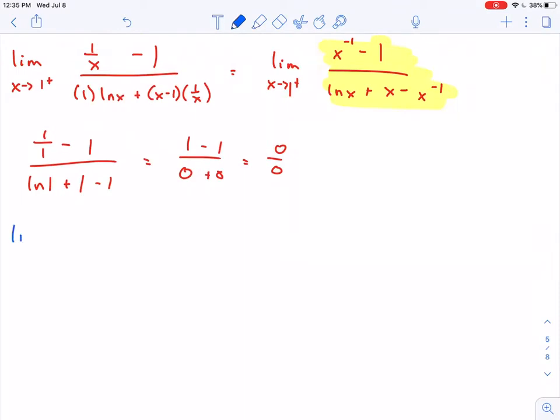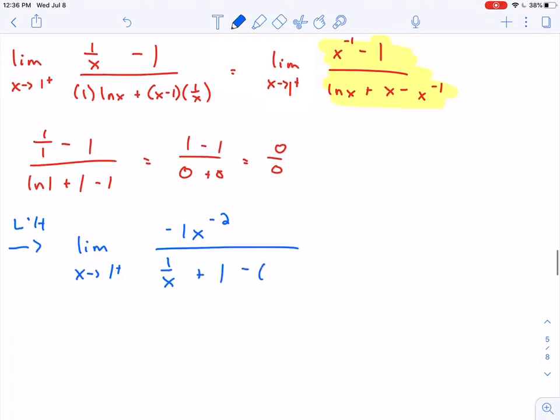Here we're doing L'Hopital's rule. So the limit as x approaches 1 from the right-hand side. For my numerator, I'll have negative 1 times x raised to the negative 2 power. Derivative of negative 1, that's just 0. Natural log of x, I have 1 over x plus 1 minus, this will be negative 1 times x raised to the negative 2 power.